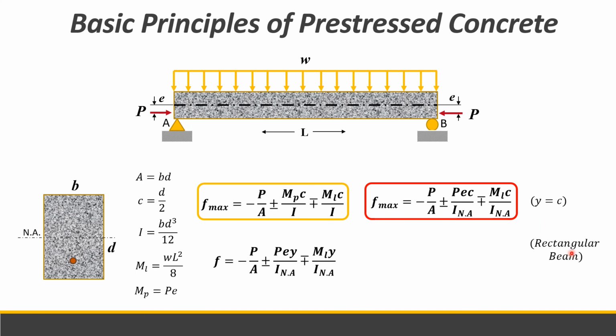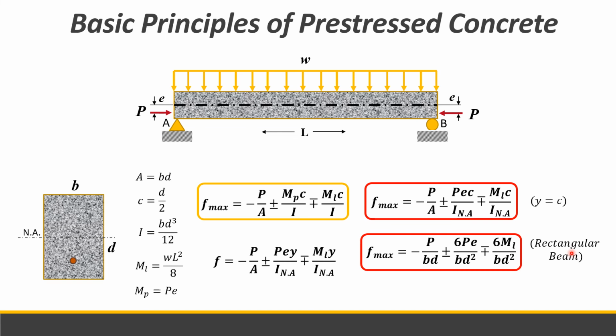Okay. So for this rectangular cross-section beam, this will be the formula. We will substitute C with D over 2 and I with BD cubed over 12. Okay?